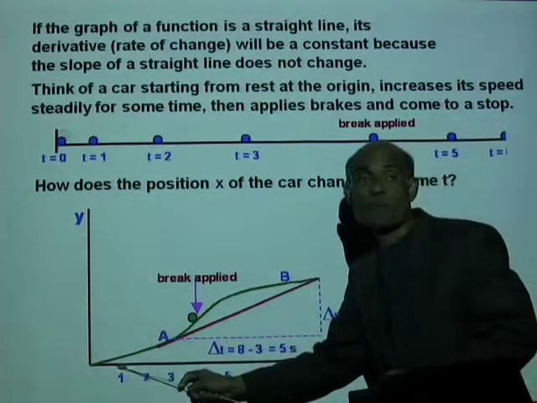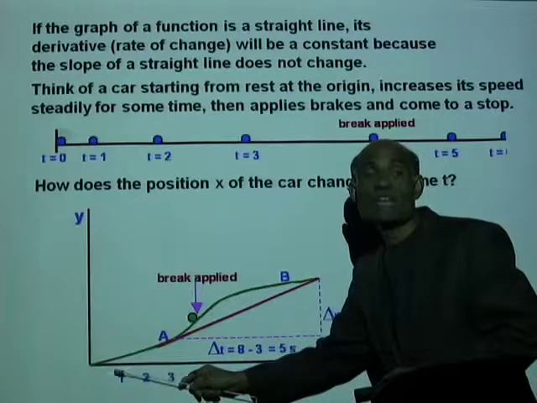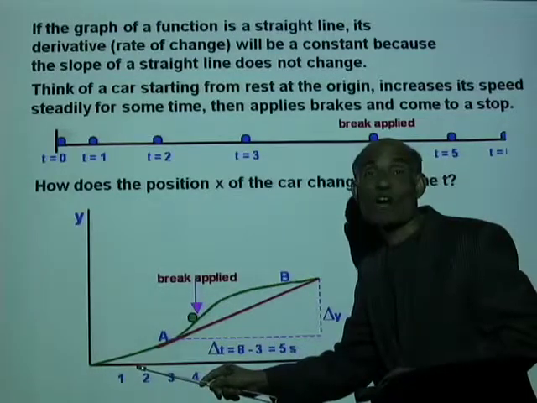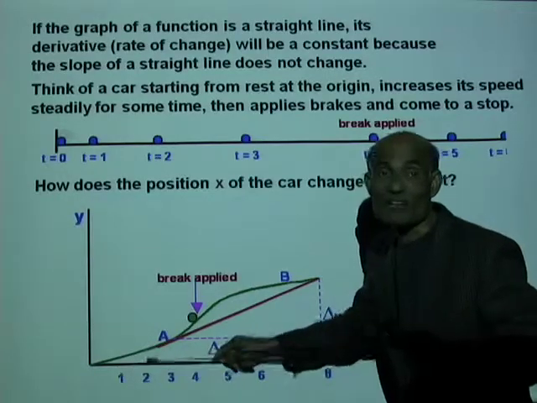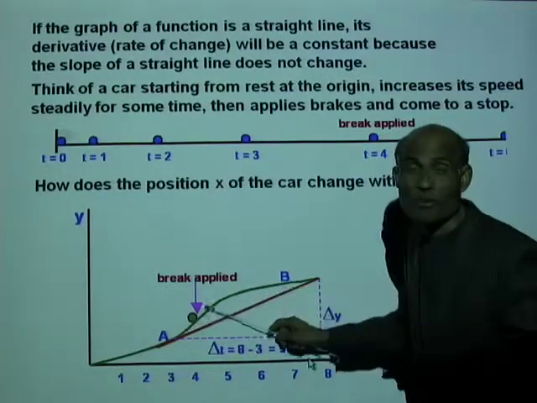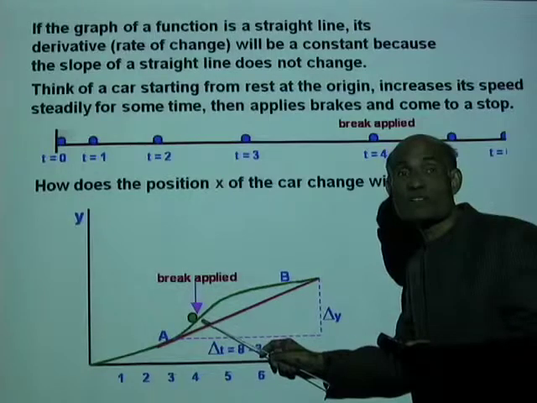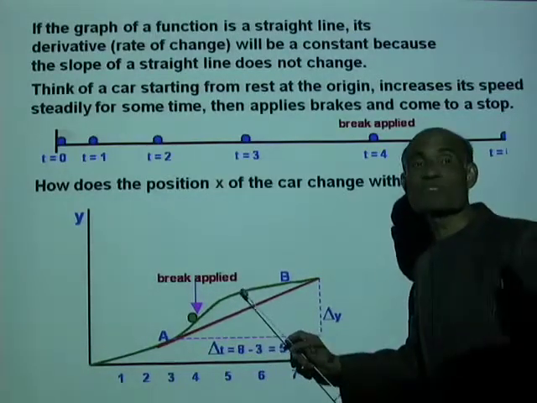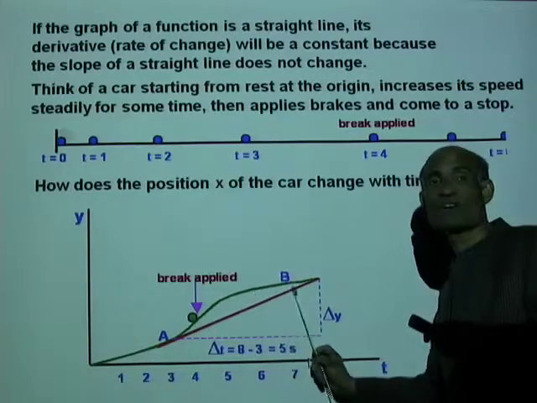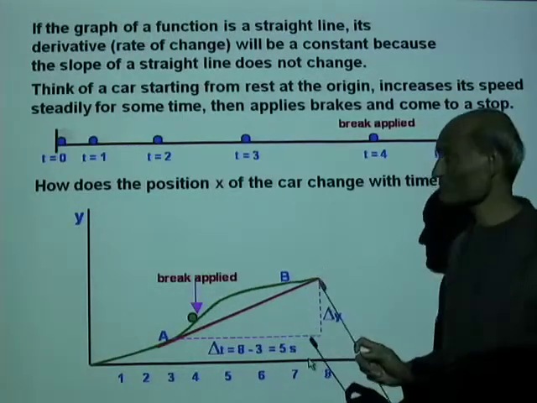That means, for the first 4 seconds, each second, the car covers more distance than the previous second. That's the curving up. For the next few seconds, each second, the car covers less distance than the previous one. You can see the curve, it's curving down.